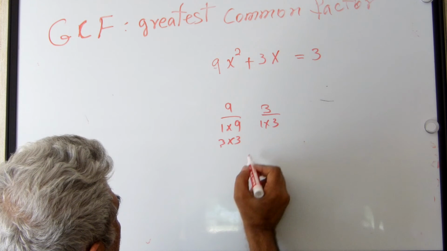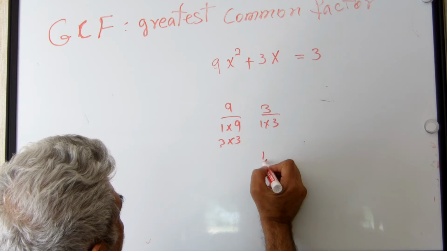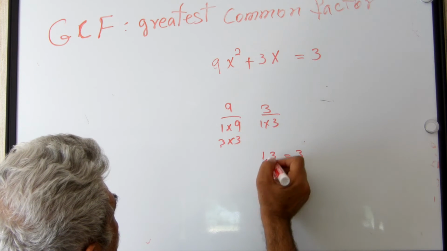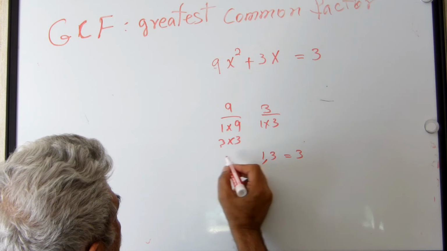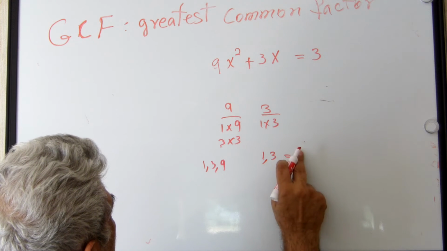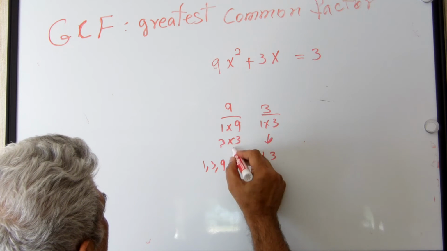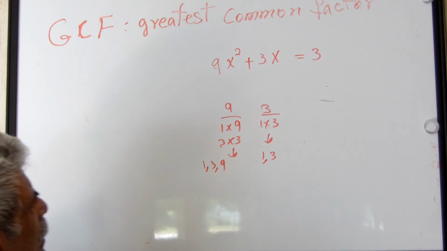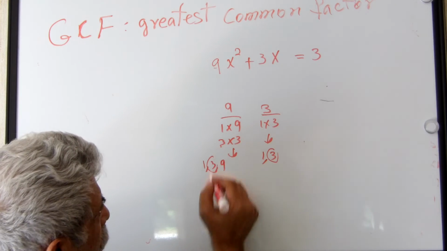These are the factors of 3, and this is 1, 3, 9. So the only thing you see in common is 3.